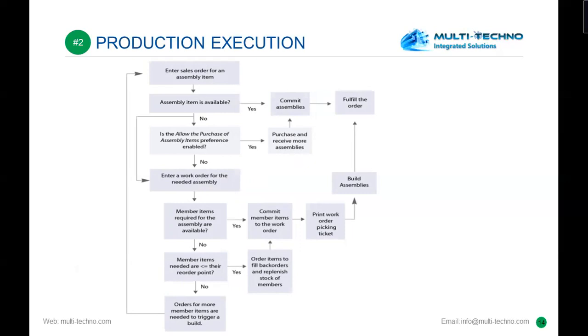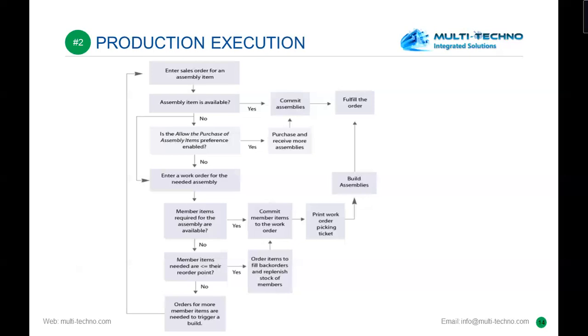If we have advance produced stock, then we do not need a work order. We will commit the available stock. If we do not have enough stock, then we will produce and check for procurement. We will create a work order that we need to fulfill the order.